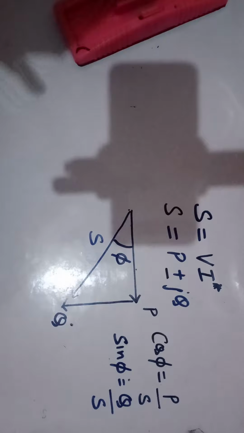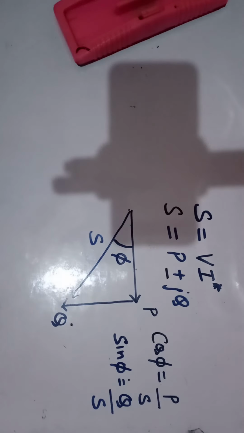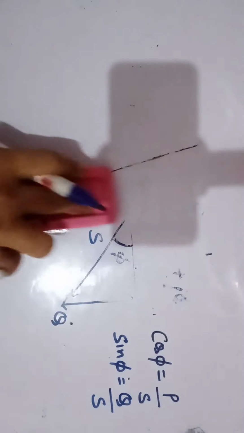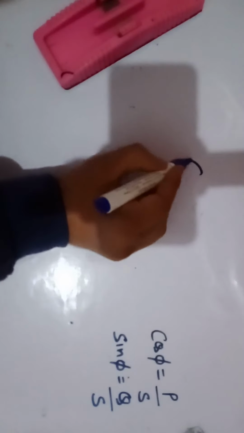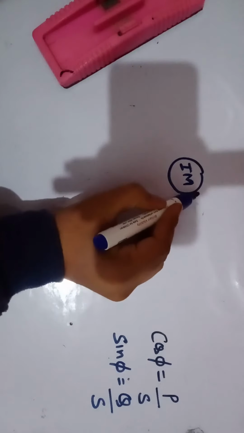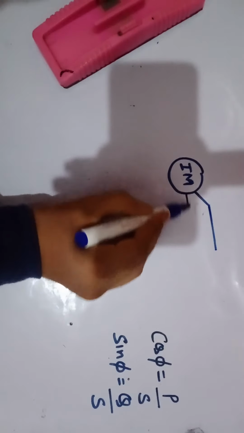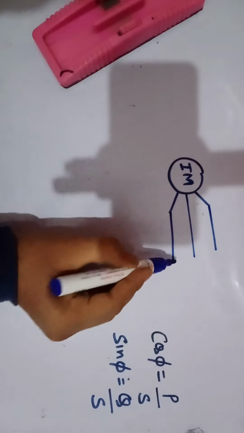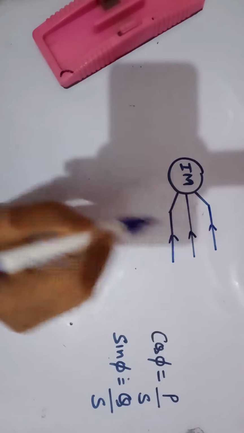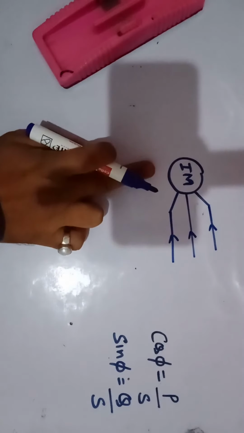Okay, now let us discuss the real problems that come around. Suppose in an industry there is an industrial load, that is an induction motor. It is connected to the supply and it is taking a current. This current goes to the induction motor.